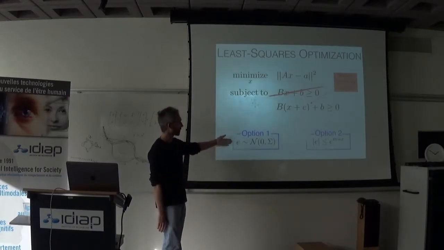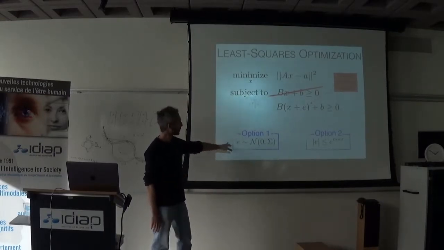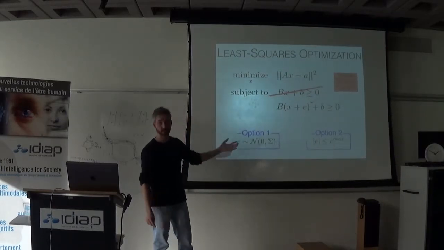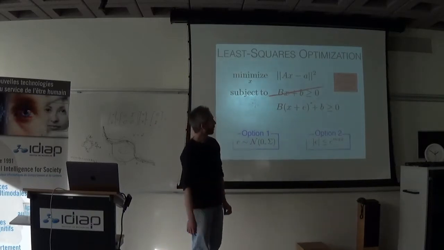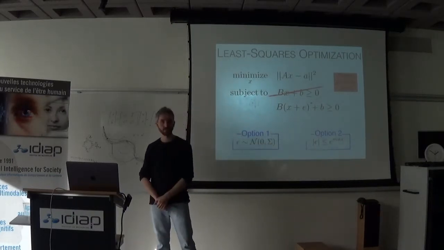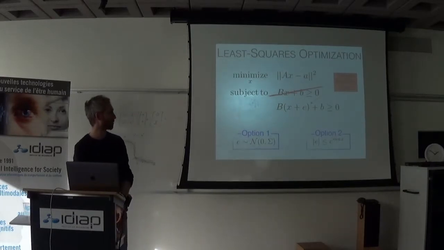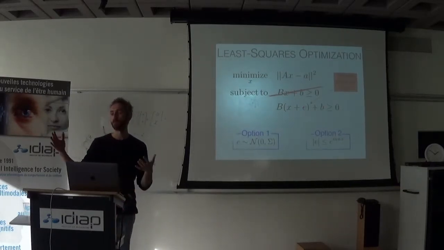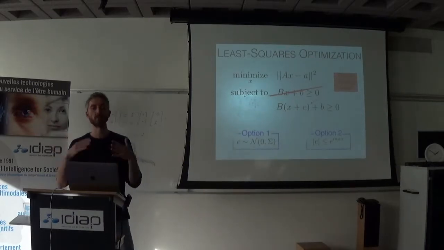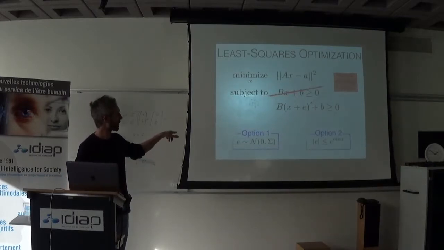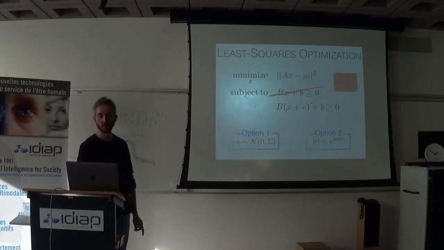We can either assume it's a random variable, and we will use a Gaussian distribution with zero mean, because that's the only case that is tractable. Or you can assume that it is a bounded variable, in which case we will simply say that e is bounded by a certain quantity e_max, which is the maximum torque tracking error that we measured on our system. So let's look at how things are done in the first case, where e is a random variable.